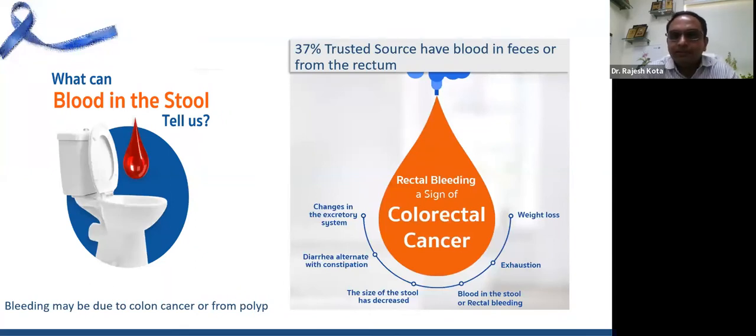The large intestine gets narrowed down because of the ulcer, and a stricture is formed, and the size of the stool gets thinned out. So patients complain that they are getting pencil thin stools, or ribbon like stools. Because of the constriction of the large intestine, patients will get decreased stool size also. That is also one important sign of suspecting a colorectal cancer.